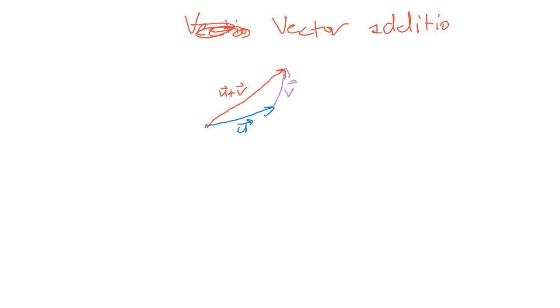We also have what is called the Parallelogram Law, which is essentially the same thing, except it also shows that you can start with v first and then go to u. You can do v plus u, and that is the same thing as saying u plus v.